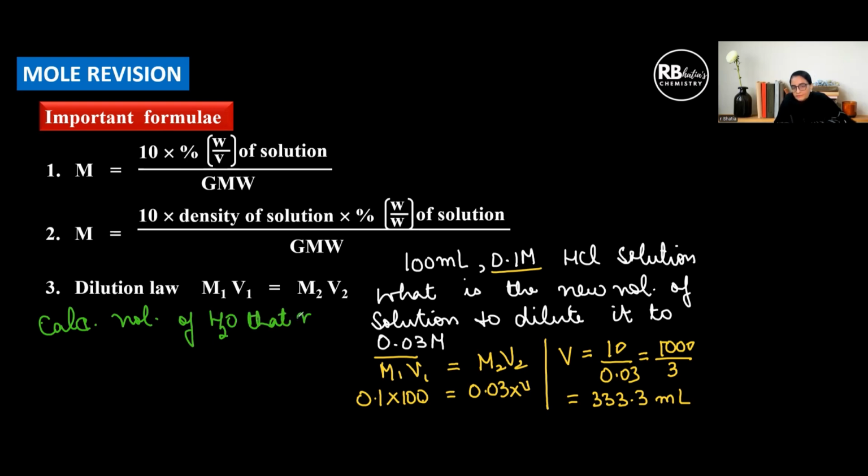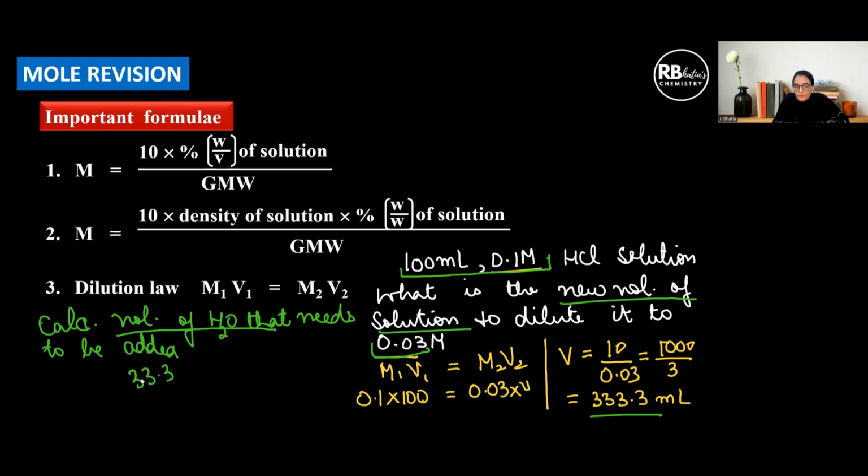Now, in this same question, if I had asked you to calculate the volume of water that needs to be added to convert 100 ml 0.1 molar to 0.03 molar. Please understand, this is calculate volume of water that needs to be added. This was new volume of solution. So new volume of solution is 333.3 ml.